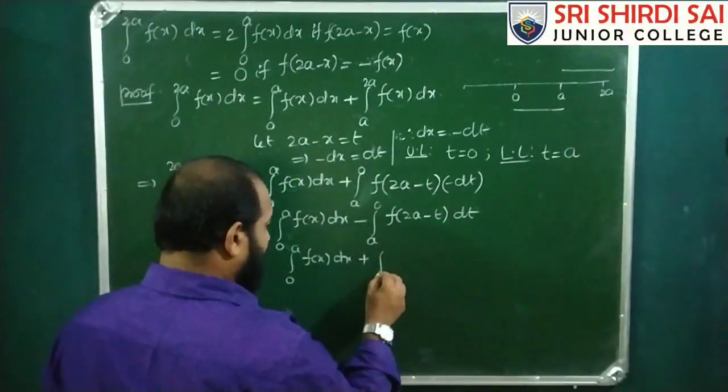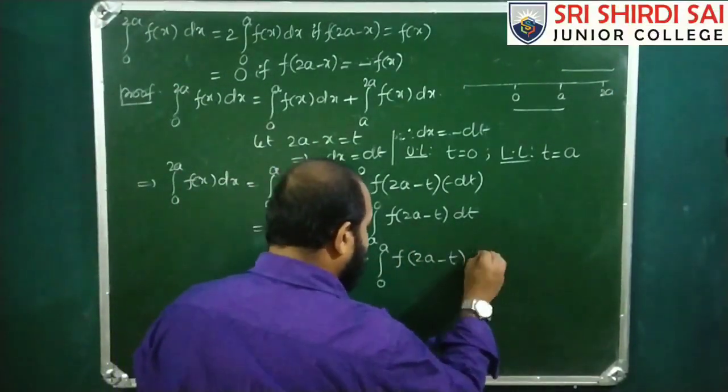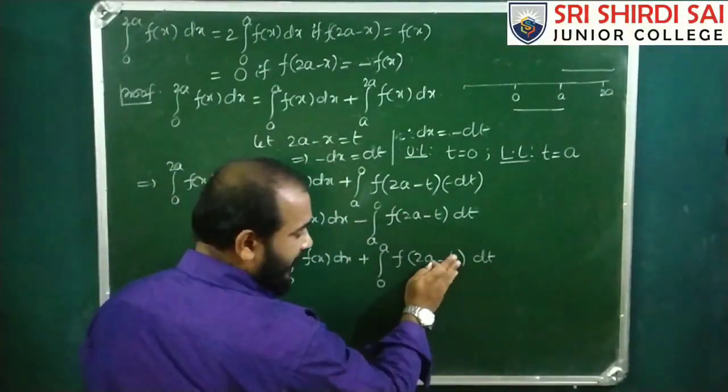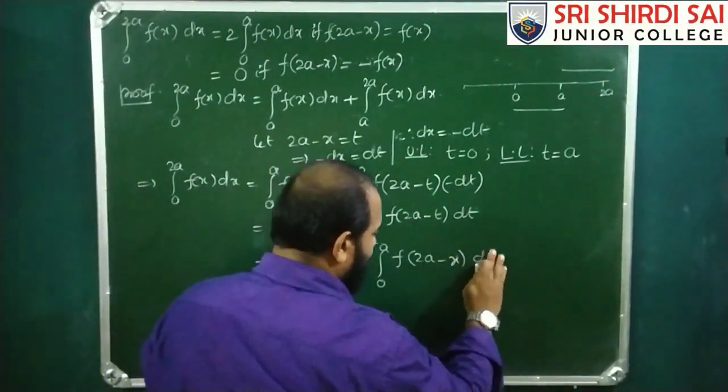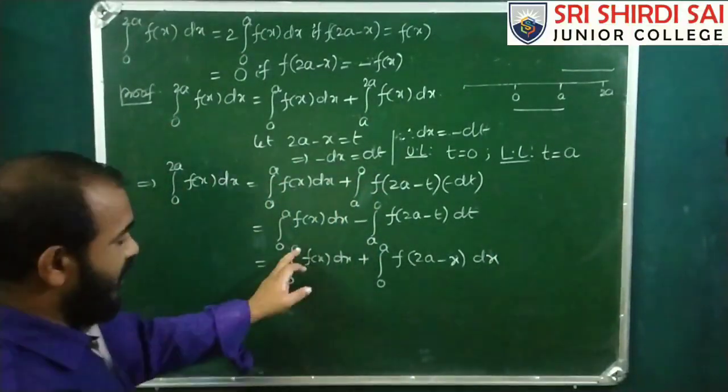So this is 0 to a f of 2a minus t dt, and we can even replace this t with x. Then now 0 to a f of x dx.